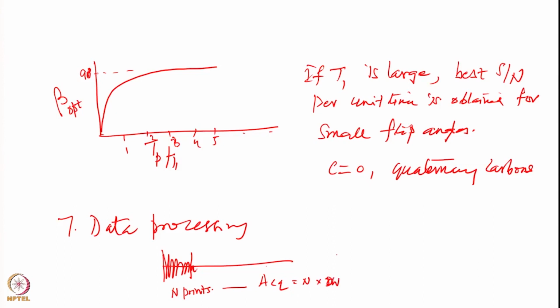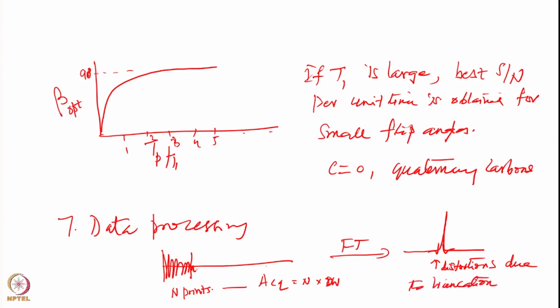Now, if I do a Fourier transformation of such an FID, there will be distortions at the baseline. Suppose the normal signal has to be like this, then I will get distortions here and here. These are distortions due to truncation of the FID.